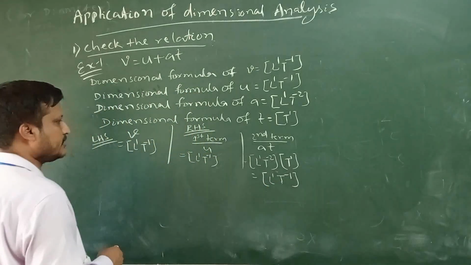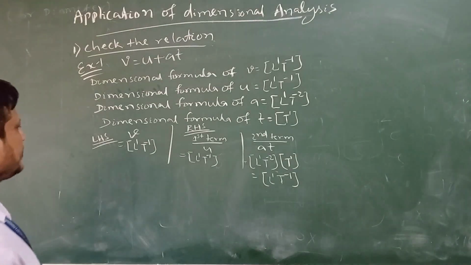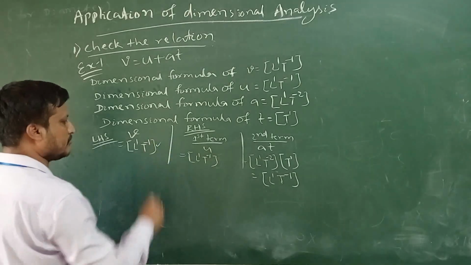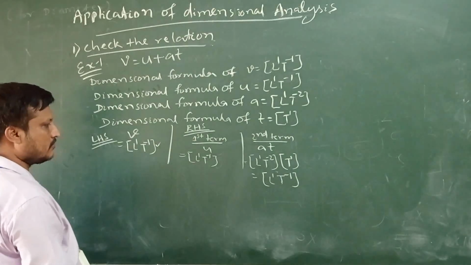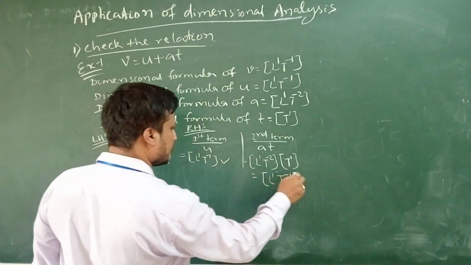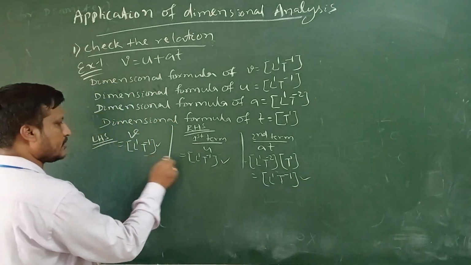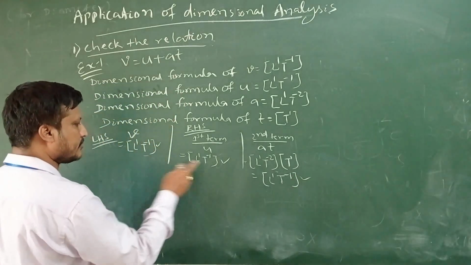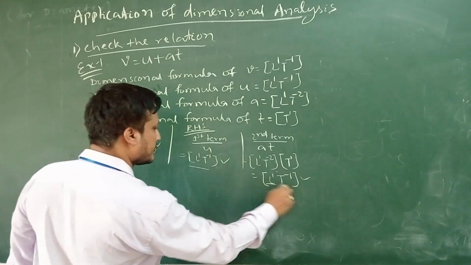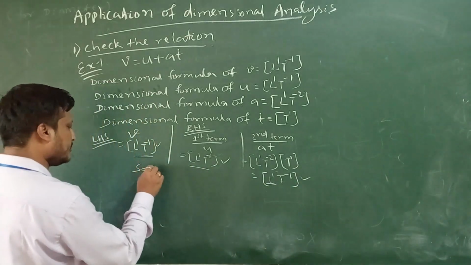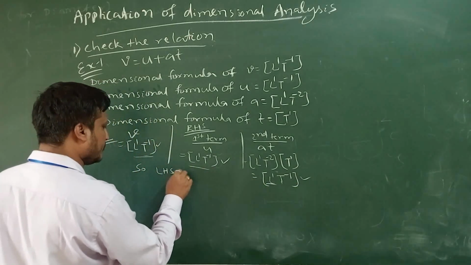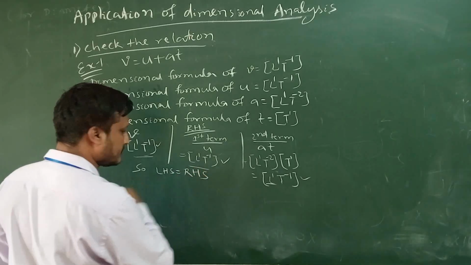So we see that the left hand side dimensional formula is equal to the right hand side. That means all the three have same dimensional formula. So we write LHS equal to RHS.